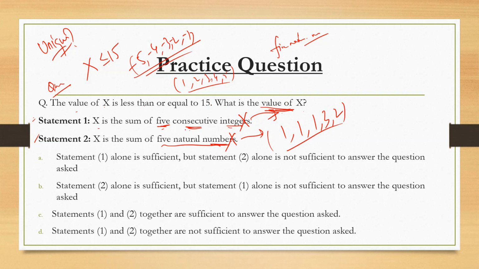Okay, now what if I combine both of them together? When I combine both of them, we are talking about five consecutive integers which are also natural numbers. That means what we are talking about? So here, which statement will answer your question?